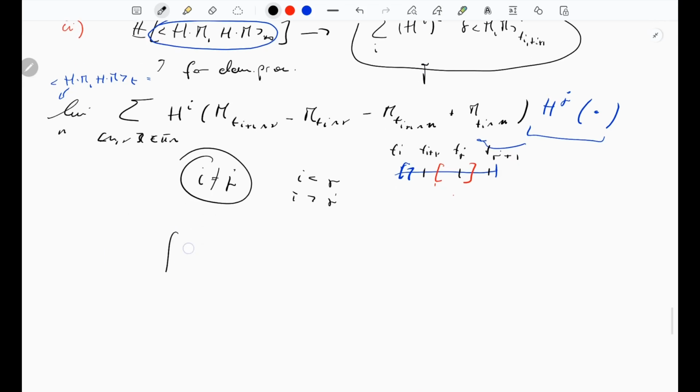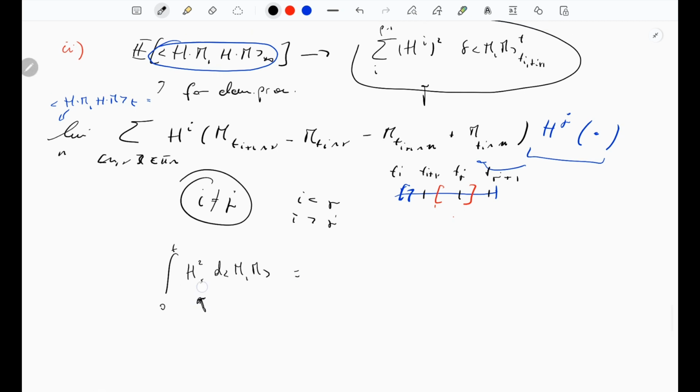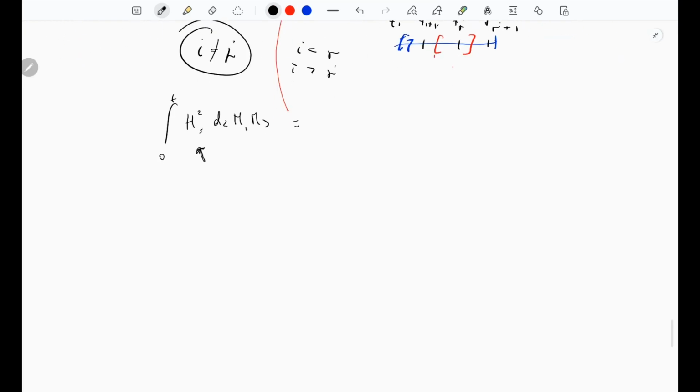That is actually the definition for elementary processes of the L2 norm. If you write H as an elementary process, you're left with this. So they're equal. What we proved is 2 for elementary processes. Then you use density, and you get the claim.